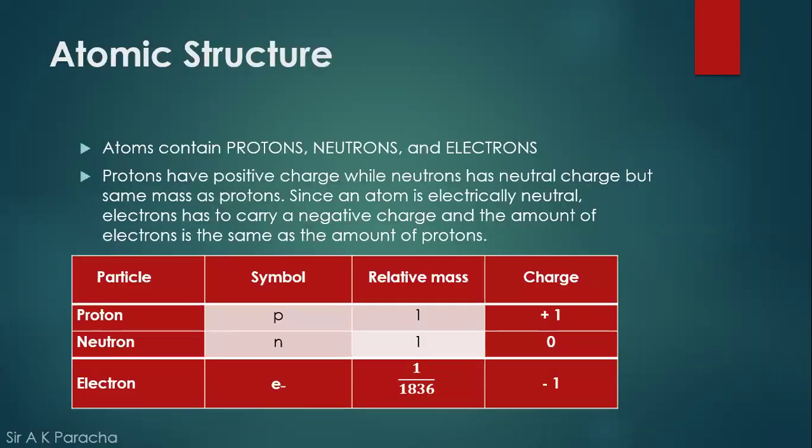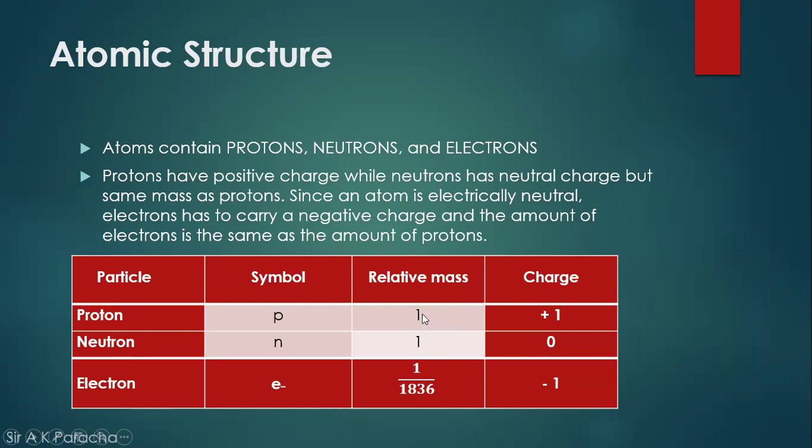What is atomic structure? How are atoms made? Basically, an atom has a nucleus in its center, and the nucleus has protons and neutrons. Their relative masses are 1.